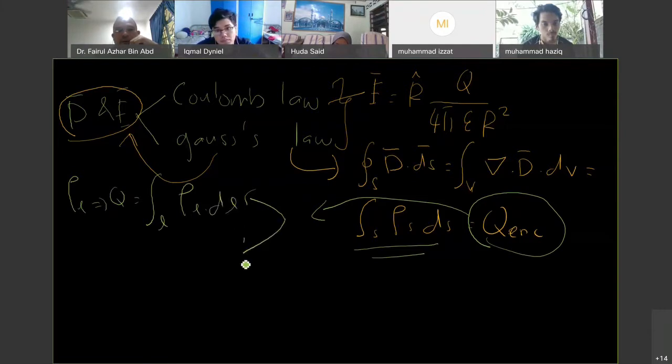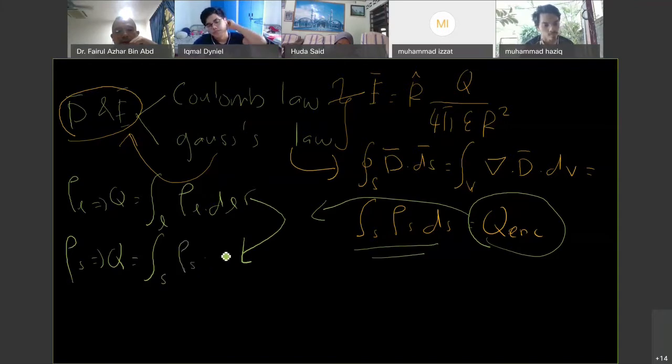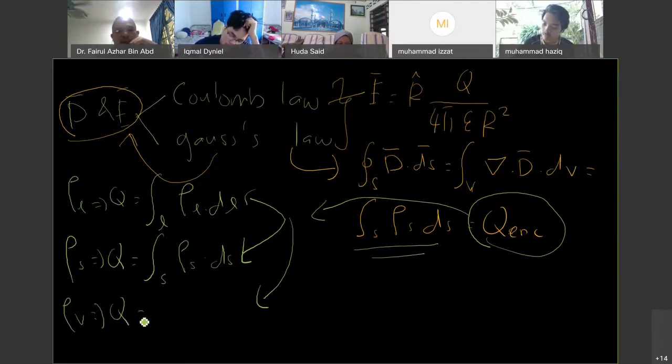And the charge also can be represented by using surface density, so in order to find the value of Q, we need to perform surface integration rho s dot ds. If we have the charge in volume density, we can find the value of Q by performing a volume integration of rho v dv.